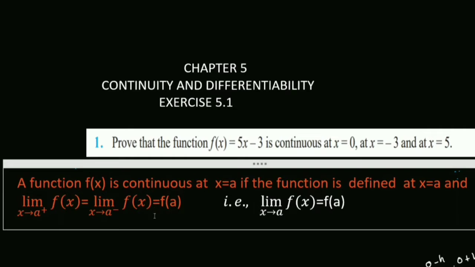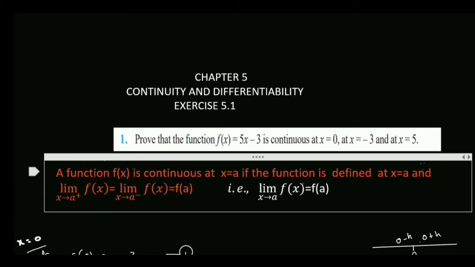That means the limit exists and the limiting value is equal to the functional value. So a function is continuous if the function is defined at a, then the limit exists and the limit value is equal to the functional value. Then we'll say the function is continuous at that point a.